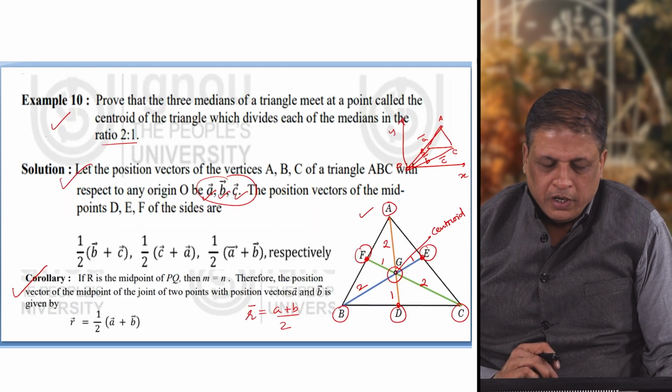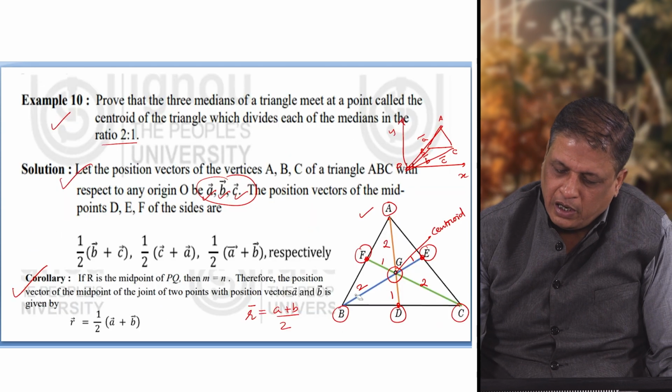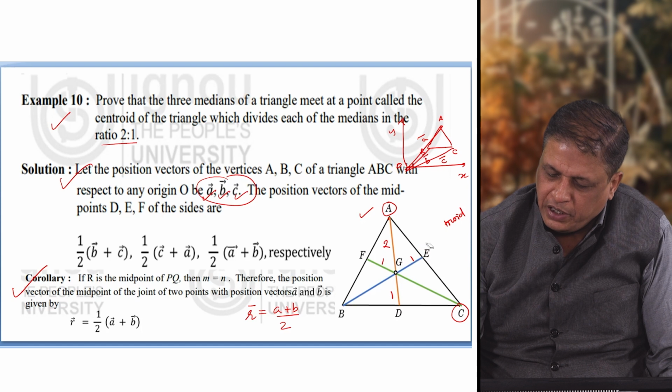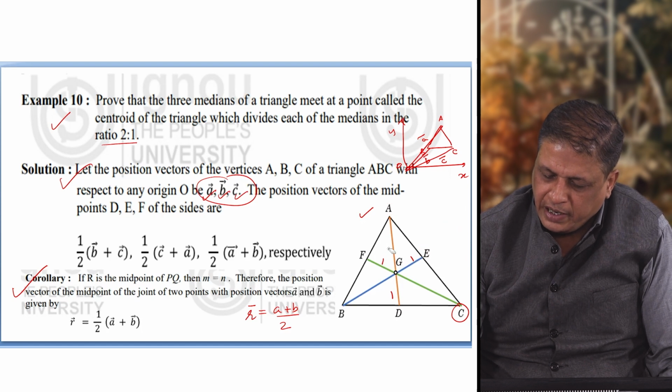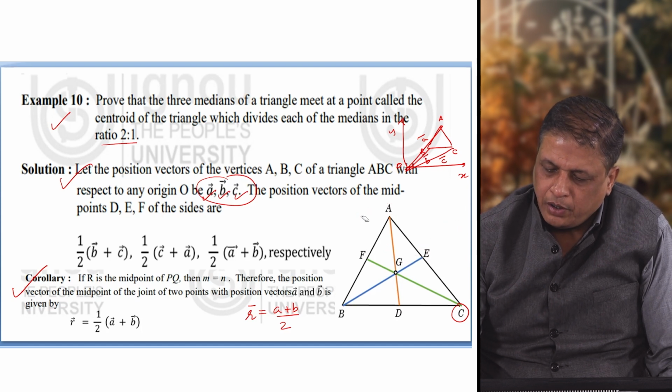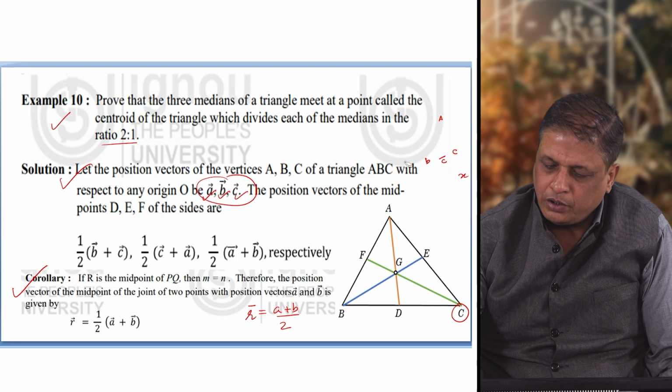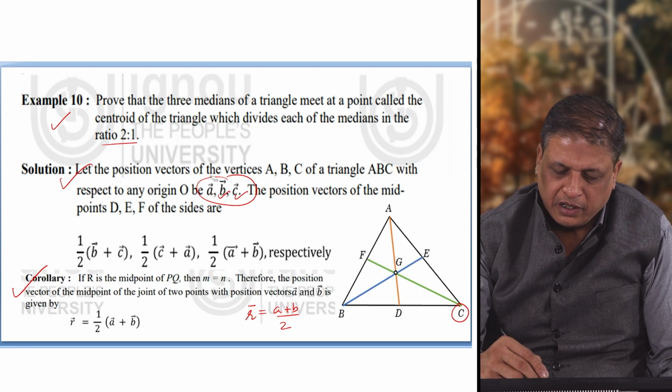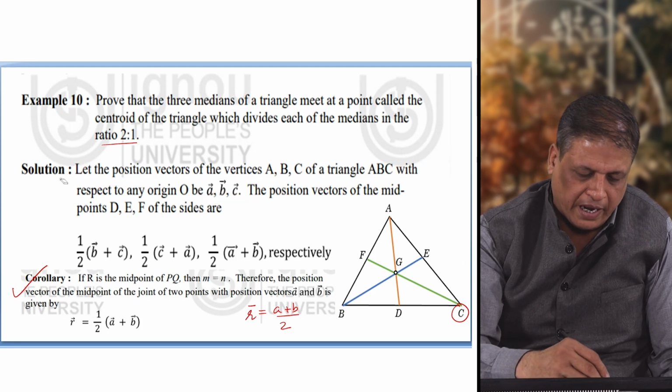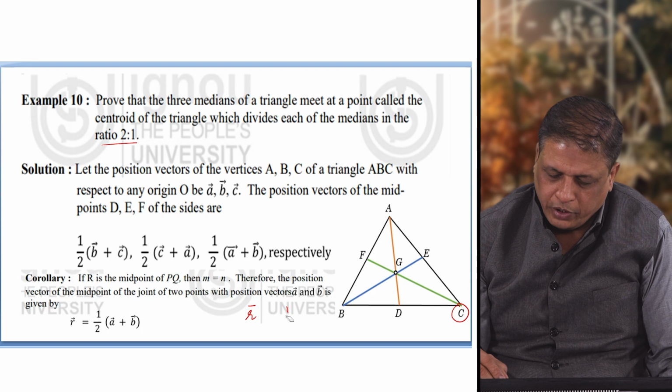In this case, we understood that points D, E and F are bisecting the respective edges of the triangle ABC into two equal parts.